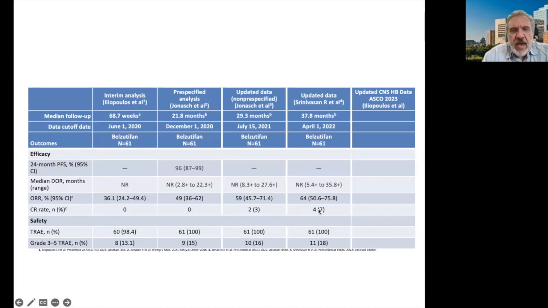We have a 7% complete remission, and of course the remainder of the overall response rate, 64 minus 7, is partial response. The duration of the response, the median duration, like when half of the patients still respond, has not been reached. So these responses have been continuous, and we'll talk about the side effects in a second.